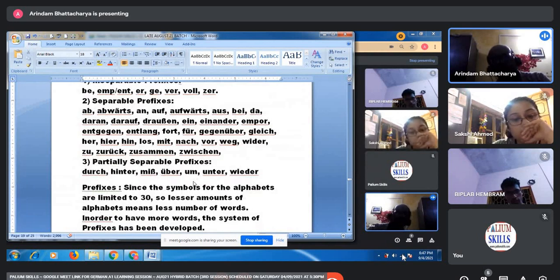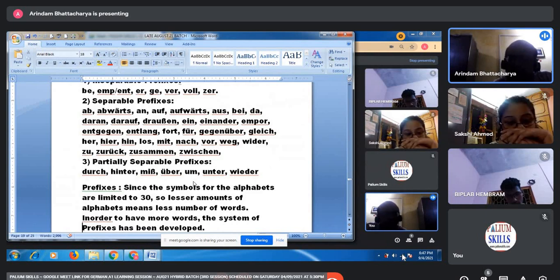Since the symbols of the alphabet are limited to about 30, a smaller alphabet means fewer words. In order to have more words, the system of prefixes has been developed.